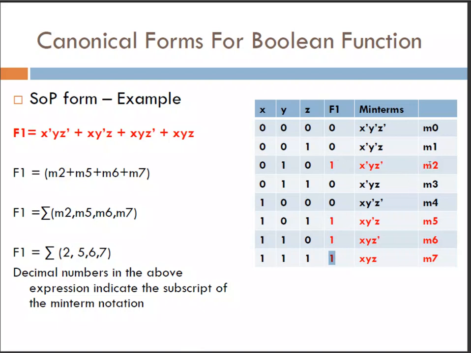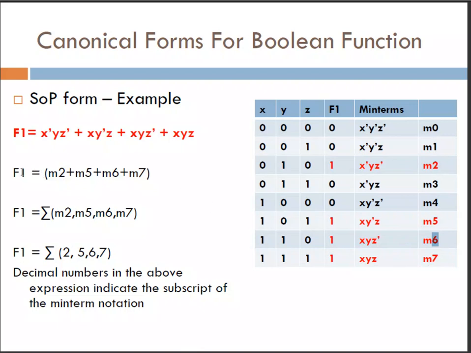So we write this expression and we focus on these min terms. Here we have min 2, meaning you count from the first: 0, 1, 2, 3, 4, 5, 6, 7. So here we have min 2, min 5, min 6, min 7.